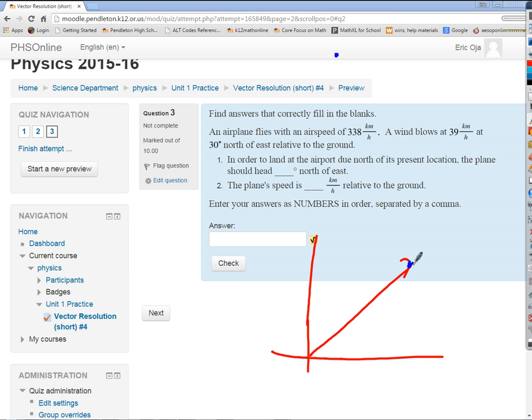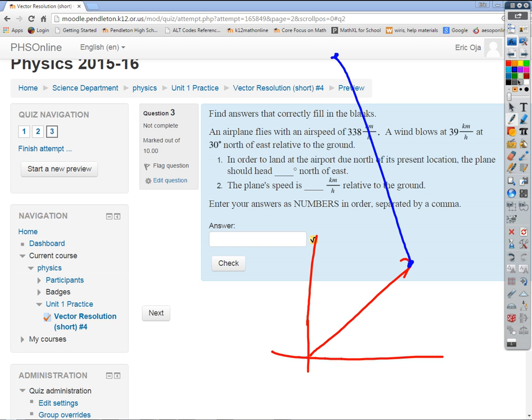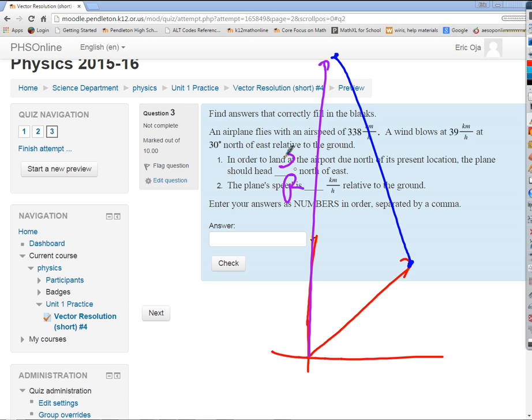So this guy right here, even though it's much faster, it's gonna be a longer vector, it is gonna have to line up so the resultant vector, when we add all these tip to tail, in the new color, is determined by adding the vectors tip to tail, it would have to go due north.